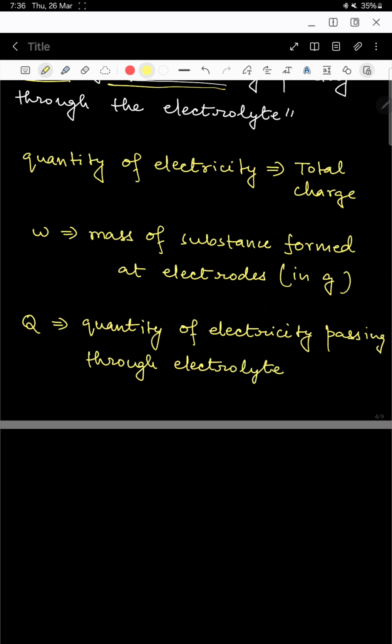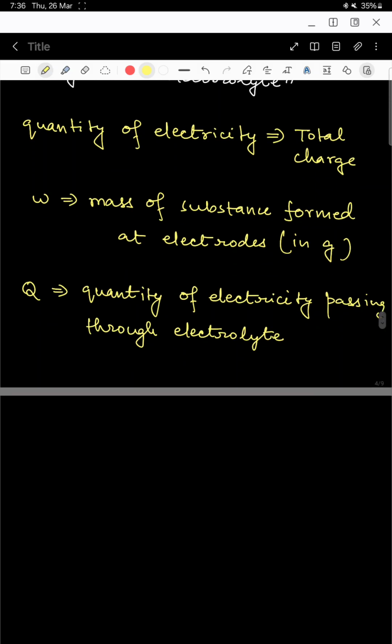So if this is the case, that W is the mass of substance formed at an electrode and Q is the quantity of electricity or charge that is passing through the electrolyte. Now charge will be obviously in coulombs.